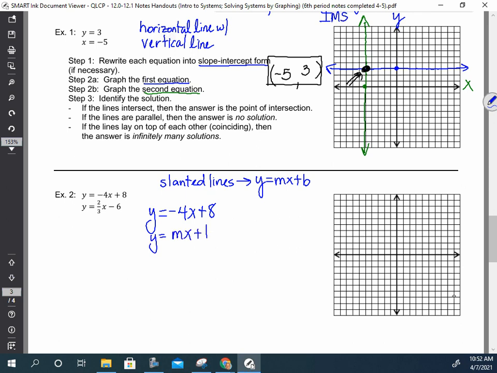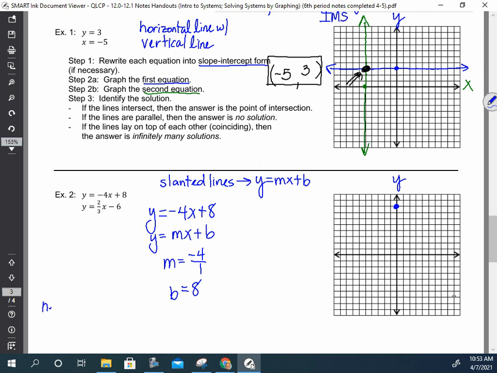So again, identify the slope: -4/1. Identify your y-intercept. There's your slope, there's your y-intercept. Remember, the y-intercept goes on the graph first. Go to the y-axis, put your point on 8. Your slope is negative.